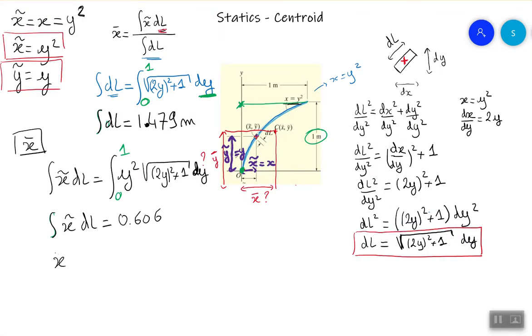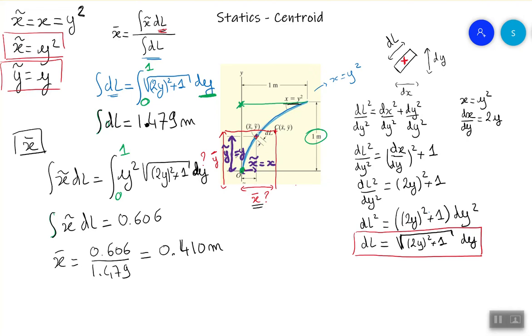So x bar is equal to 0.606 divided by 1.479, which is 0.410 meter. So that's x bar. That makes sense because the total x is 1, and it looks like x is a little bit more to the left, so that makes sense.